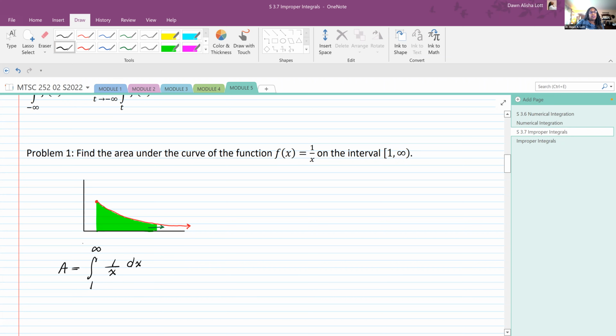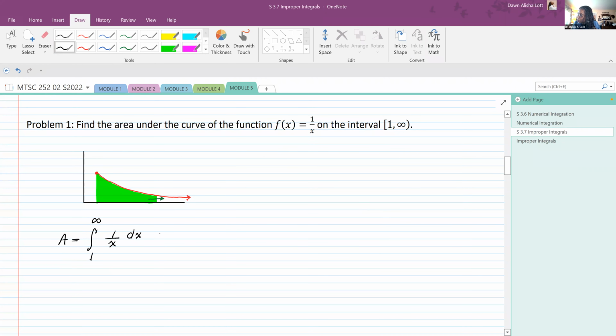Now, how do I deal with that? This is the limit as t approaches infinity of the integral from 1 to t of 1/x dx. Now, I need somebody to give me how to integrate this right here.